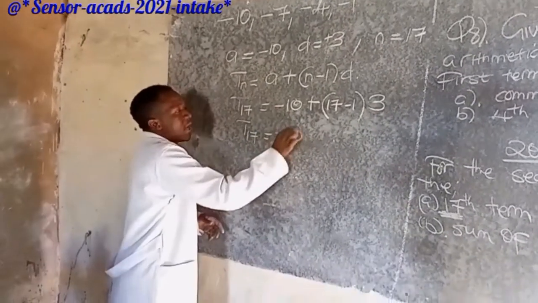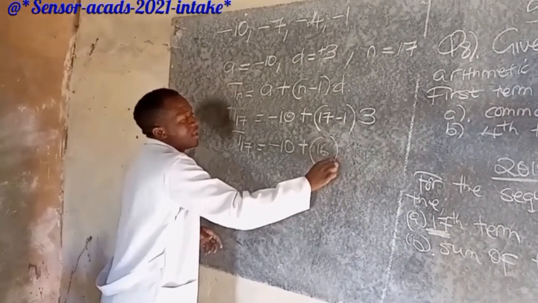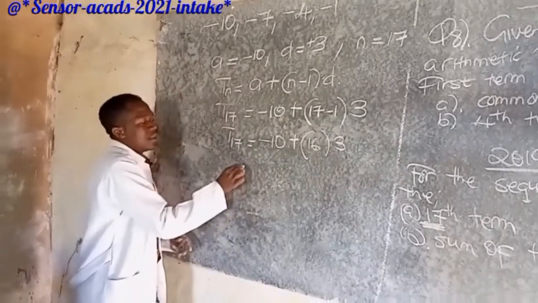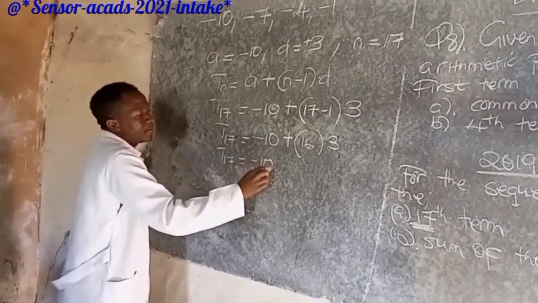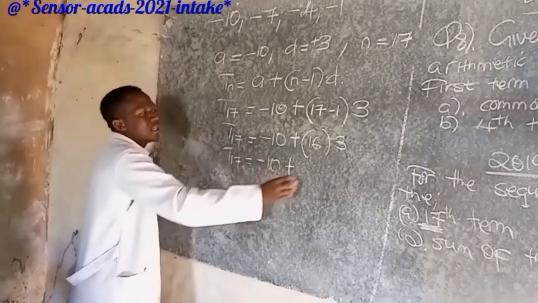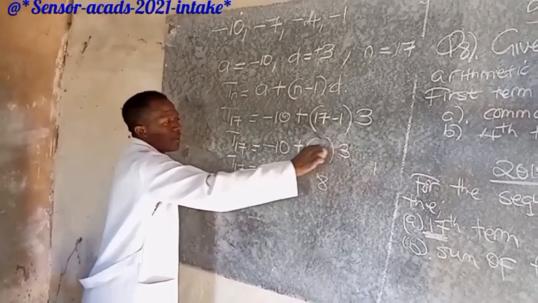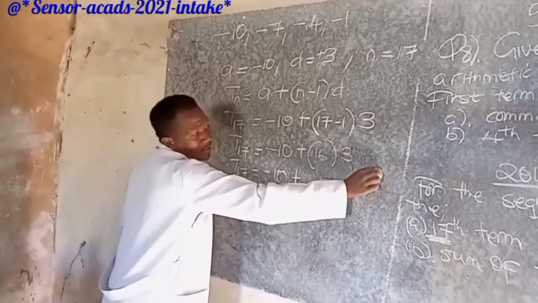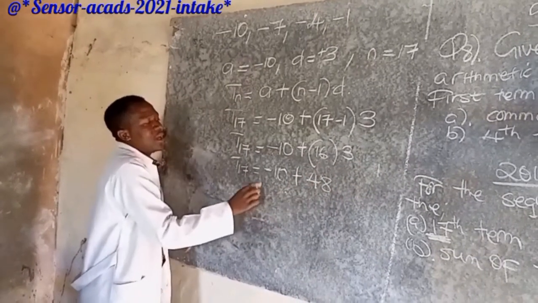So we say negative 10 plus 17 minus 1, this is 16, times 3. Then the 17th term is going to be negative 10 plus, and we multiply this side. 3 times 6 is 18, carry 1. 3 times 1 is 3, plus 1, that's going to give 4. So we get 48.